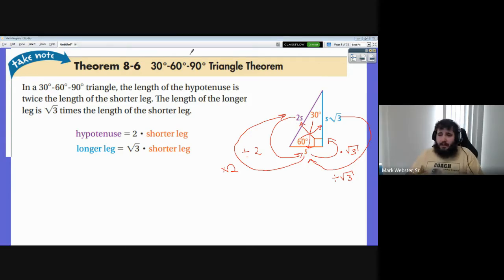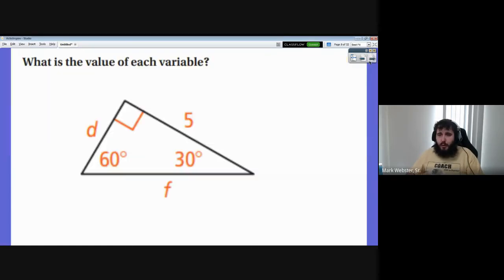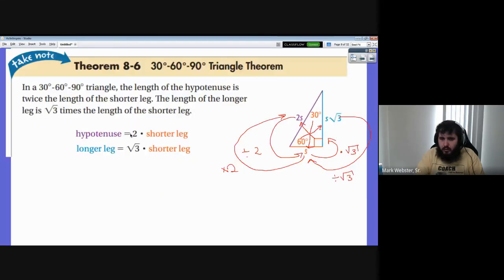Let's go ahead. So here I want to find D and I want to find F. So let's do that. The first thing I want to point out, see how this is drawn? It's not drawn like that.